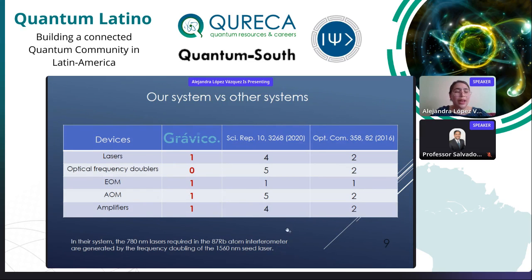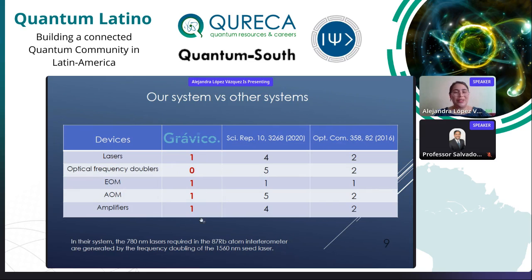Es un láser de 1560 nanómetros, el cual después tienen que doblar para obtener 780 y eso les añade componentes extra que nuestro sistema no tiene.